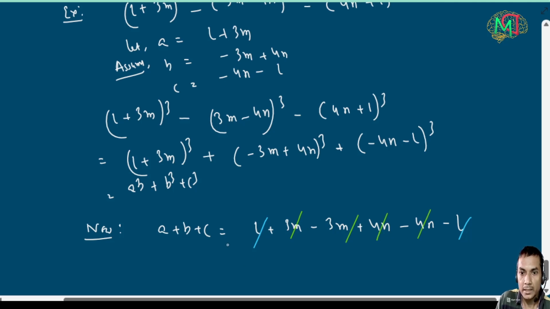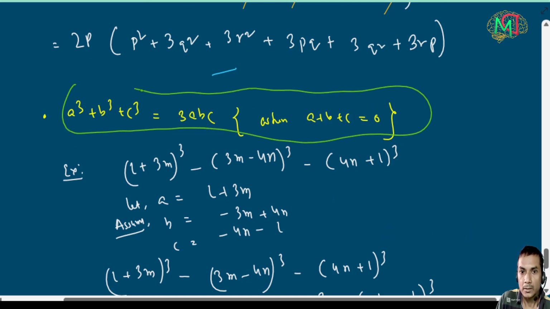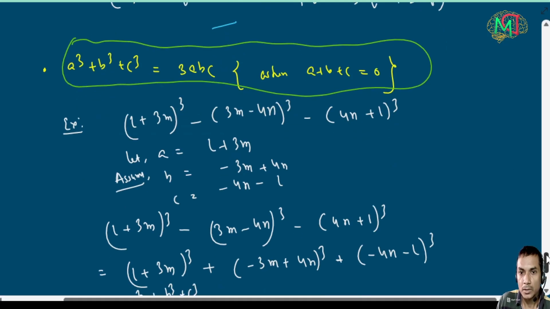We get 0. Now we can apply this algebraic identity with this condition: a cube plus b cube plus c cube is equal to 3abc when a plus b plus c is equal to 0.